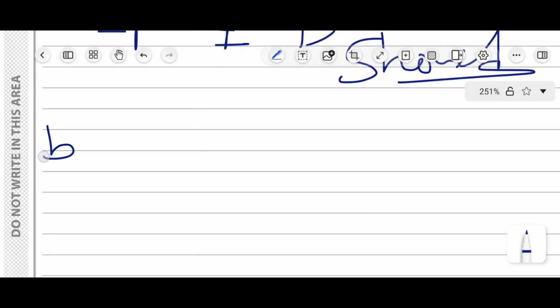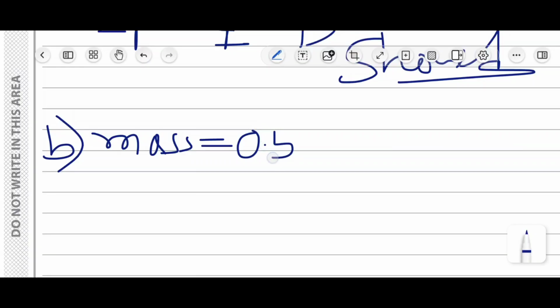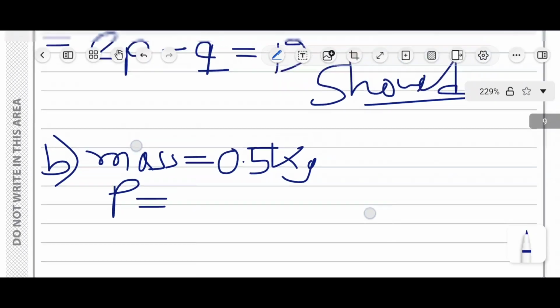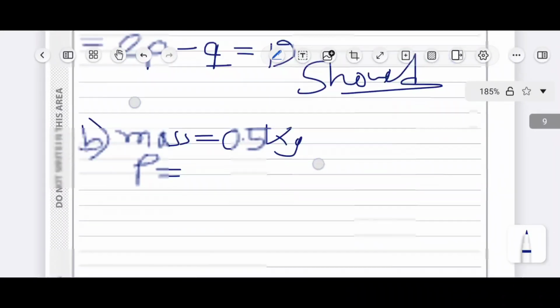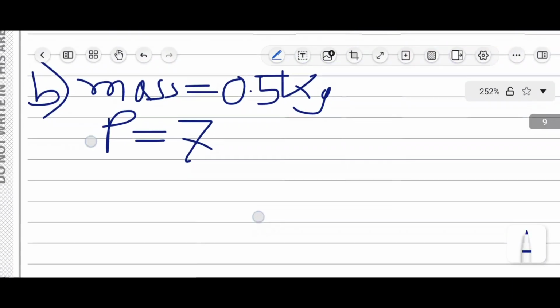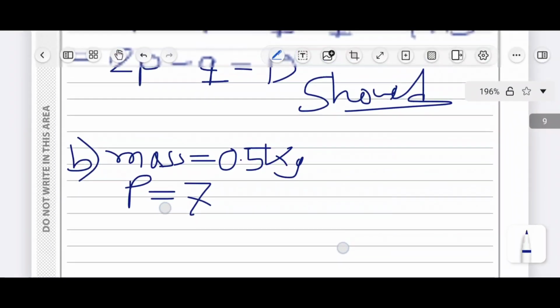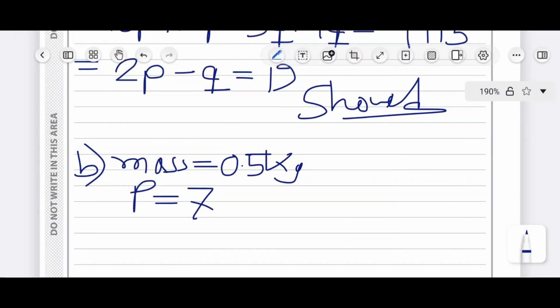In part B they told us the mass is 0.5 kg, and they have given us the p value, which is 7. We found and showed that 2p minus q equals 19.